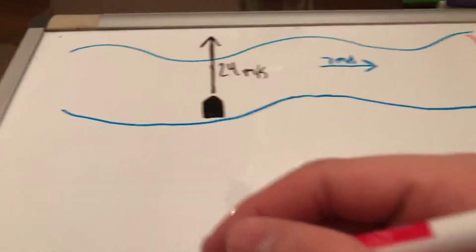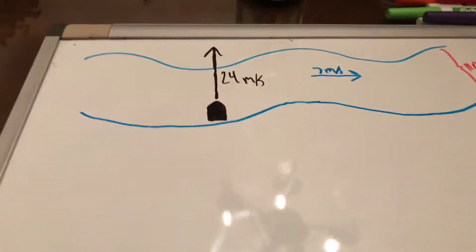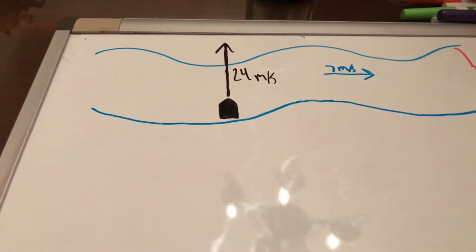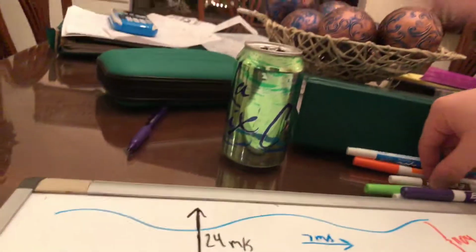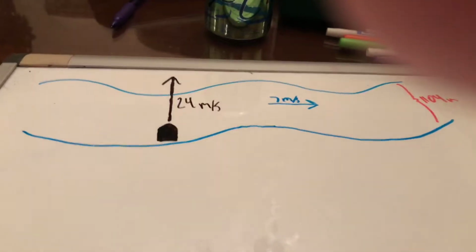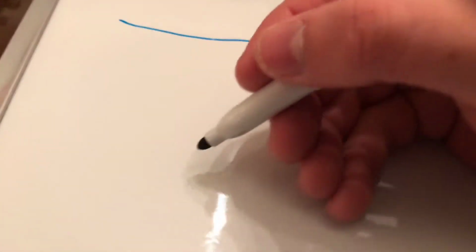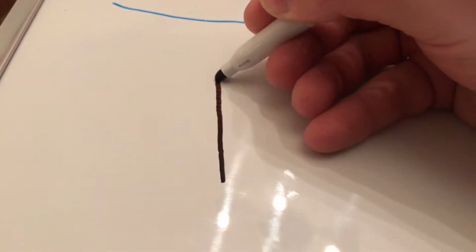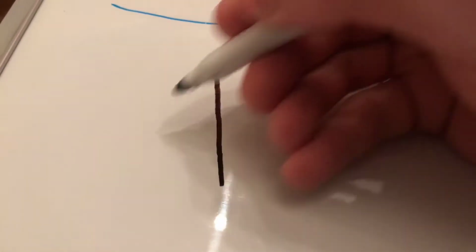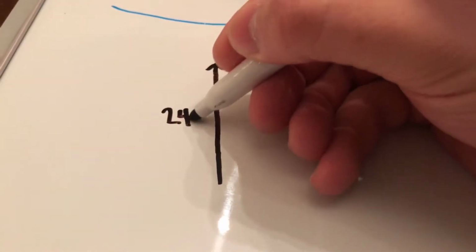If I were to draw a vector diagram, let me keep the colors appropriately matched. So the vector diagram for this particular problem, I know that the speed of the boat would be 24 meters per second.